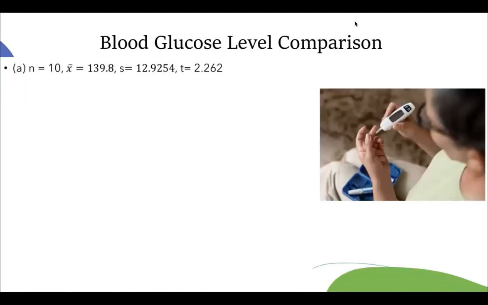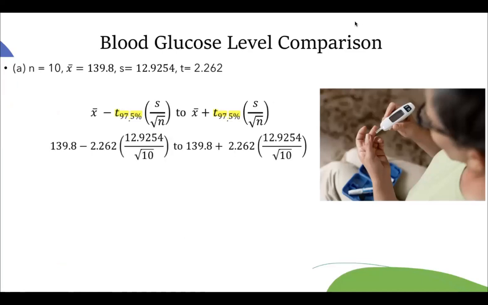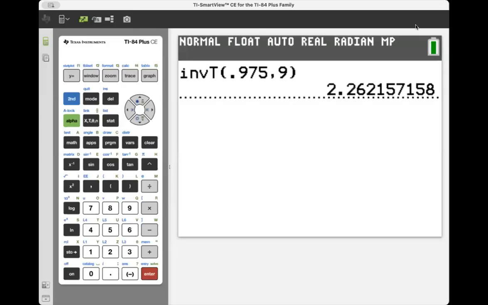So let's plug all that into the formula. 139.8 minus 2.262 for the t-score, times the standard deviation 12.9254, divided by the square root of n. We do that on the left and we do it on the right, minus and plus, and we get an answer. Let me show you on the calculator.